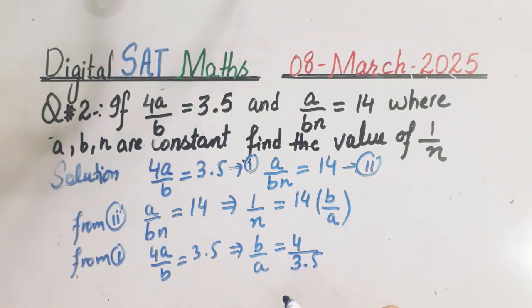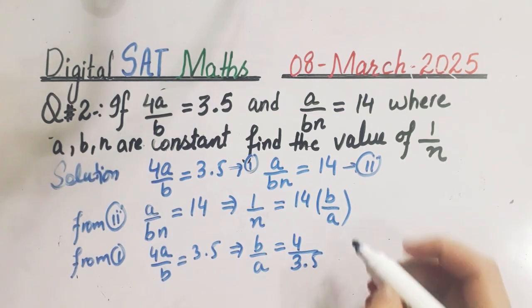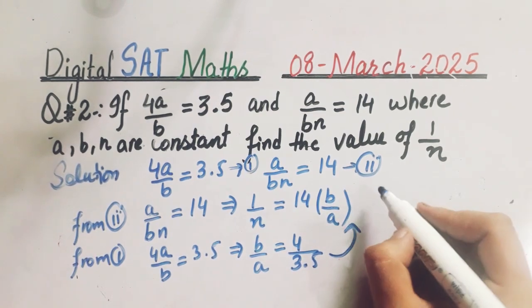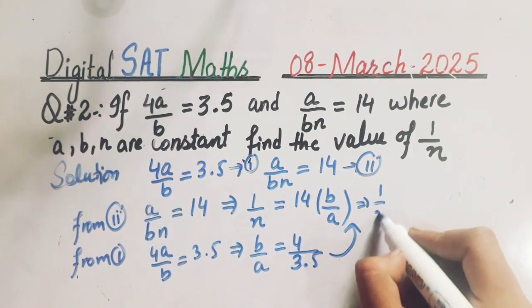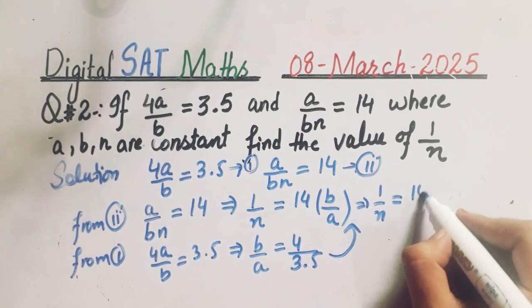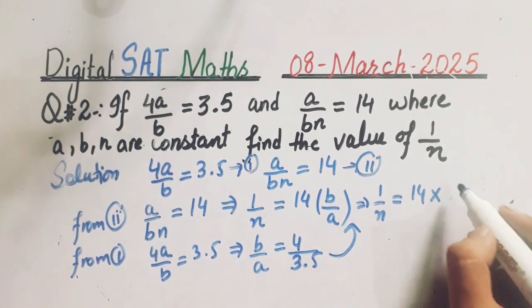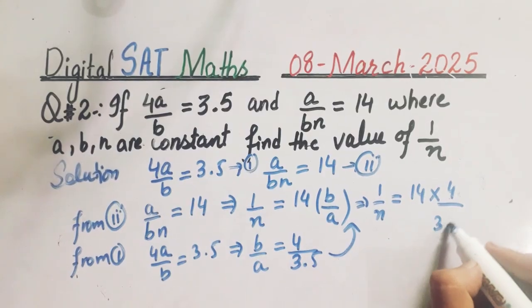So this will be the b over a, and now we will substitute this value in this and get 1 over n, that equals 14 multiplied by 4 divided by 3.5.